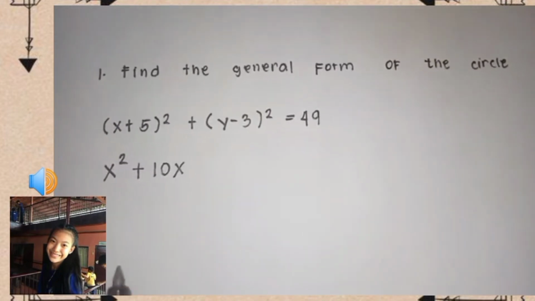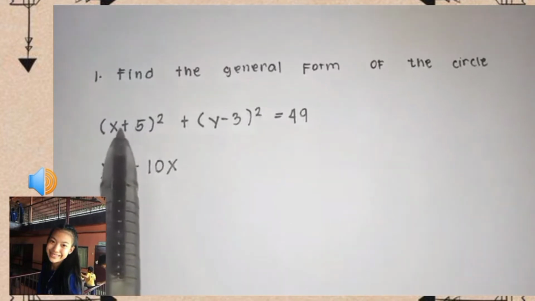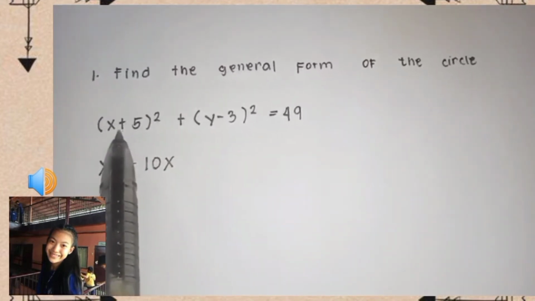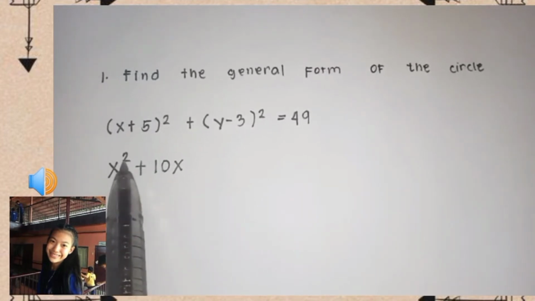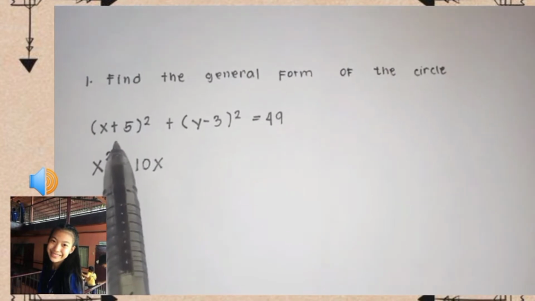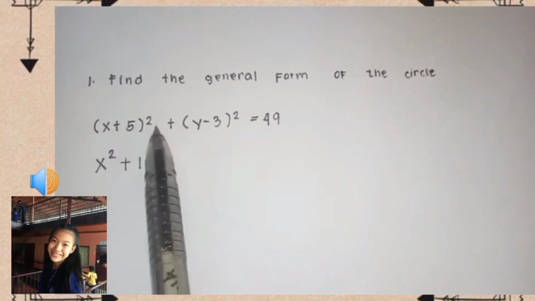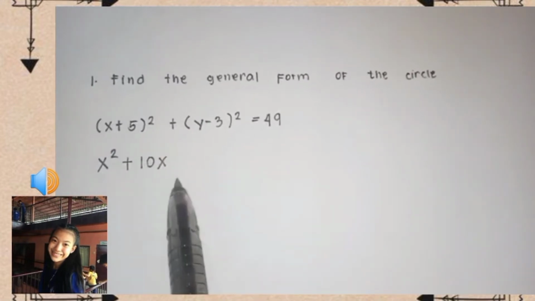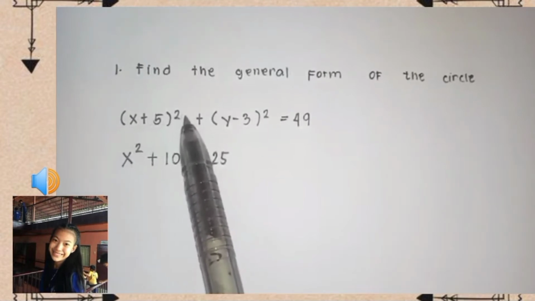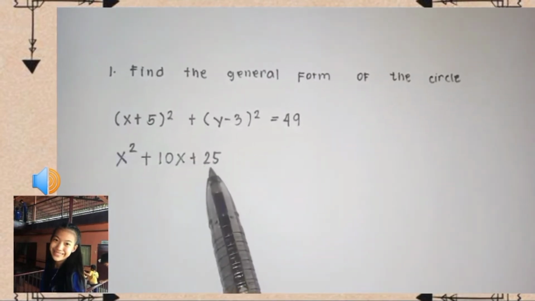Our first step is we need to expand our square of binomial. The first step is to square the first term, that will be x squared. Second step, multiply the first and the second term: x times 5 is 5x, times 2 is 10x. Then square the second term: 5 squared gives us 25.